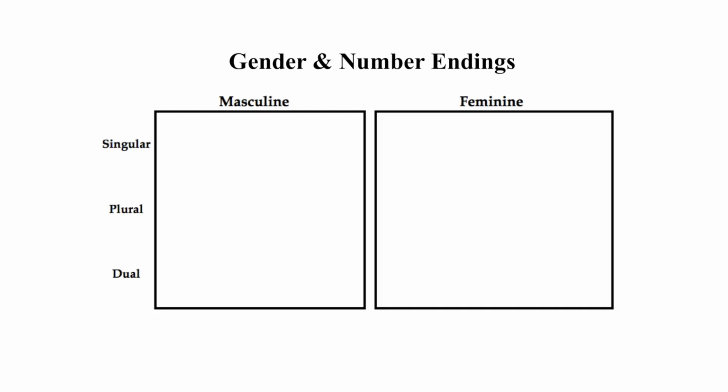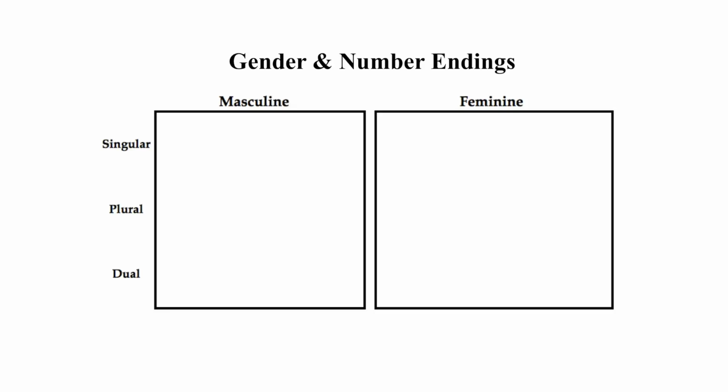So you understand now what we're talking about in terms of gender and number. Conceptually, we're talking about endings that signal to you singularity versus plurality, feminine versus masculine. The question now is, how is that conveyed? What do they look like? So as you can see from this chart, we have two boxes.